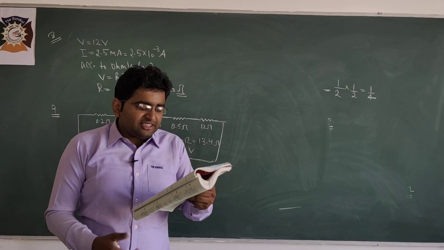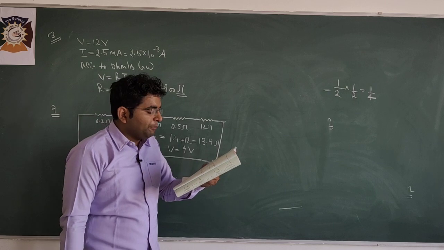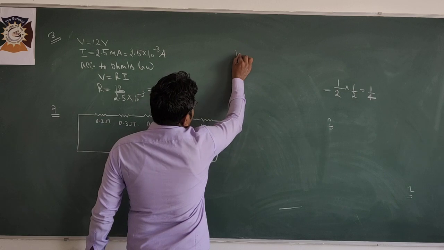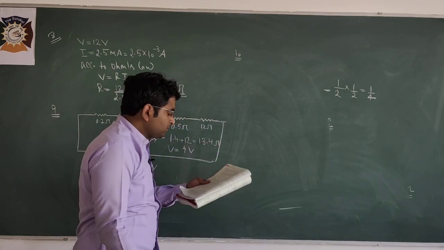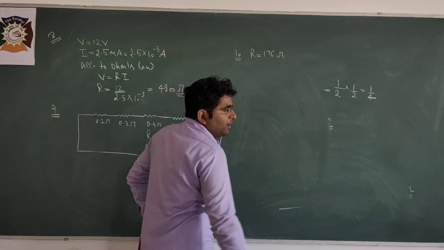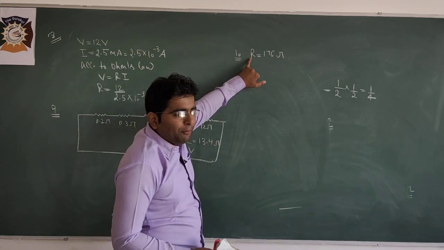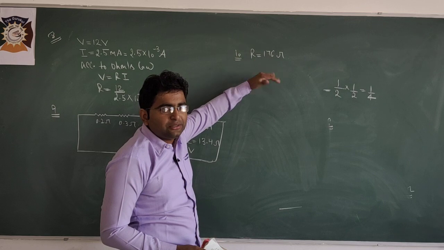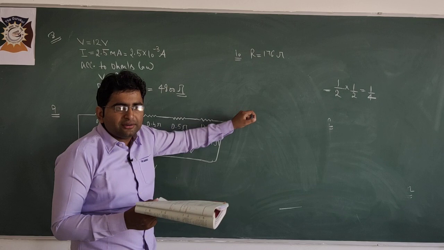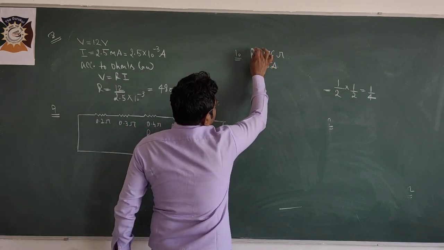How many 176 ohm resistors connected in parallel are required to carry 5 ampere on a 220 volt line? Students, resistance is 176 ohm, and you have to tell how many resistors of this type you have to connect in parallel so that the current in the circuit should be 5 ampere. 5 ampere.